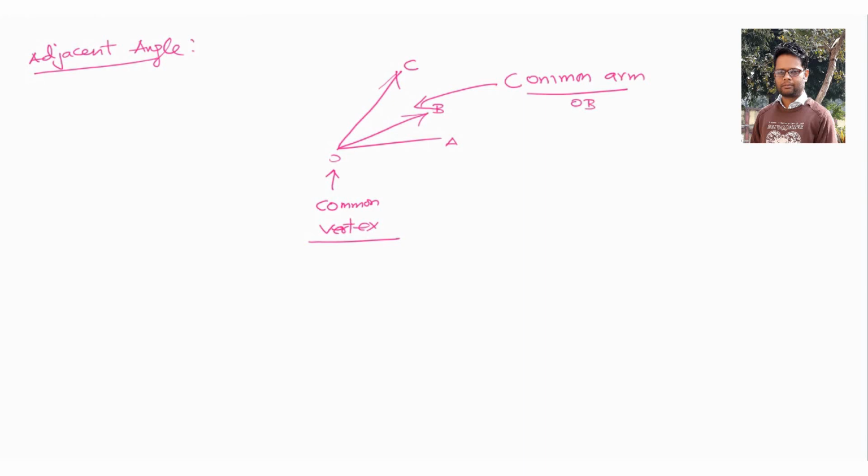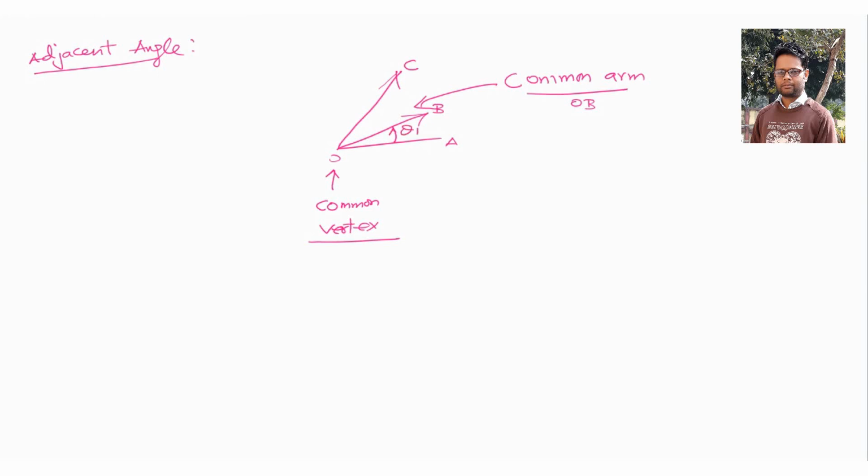Here two angles are said to be adjacent angles if they have their vertices at the same point, they have a common vertex, they have one common arm, and the other arms of the angles are on the opposite sides of the common arm. Now two angles are there.